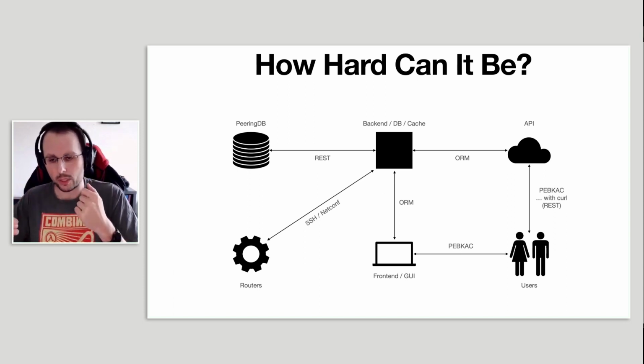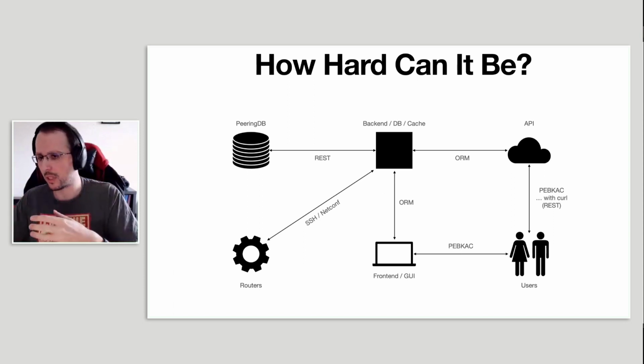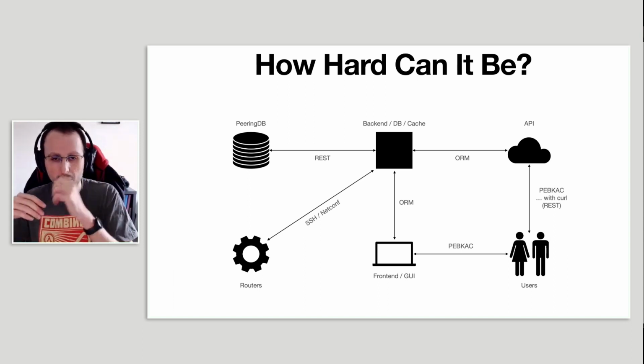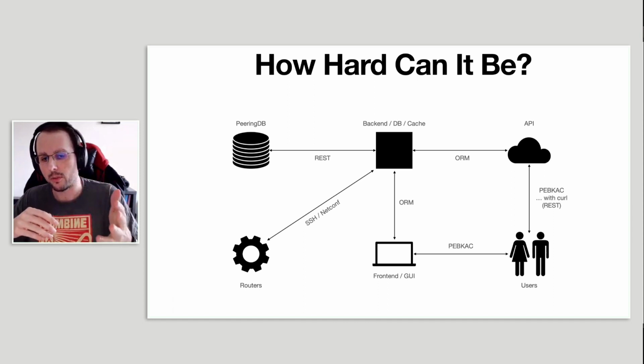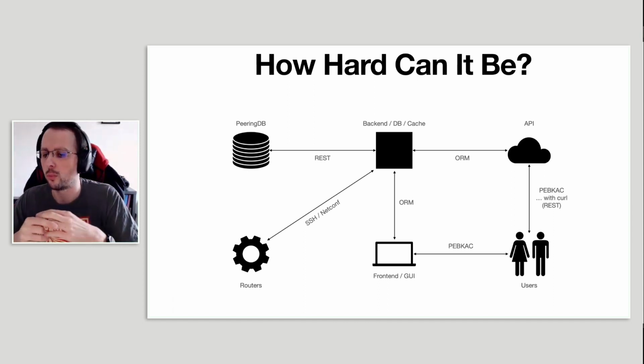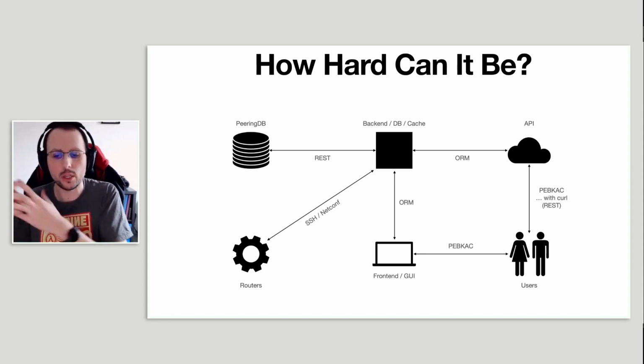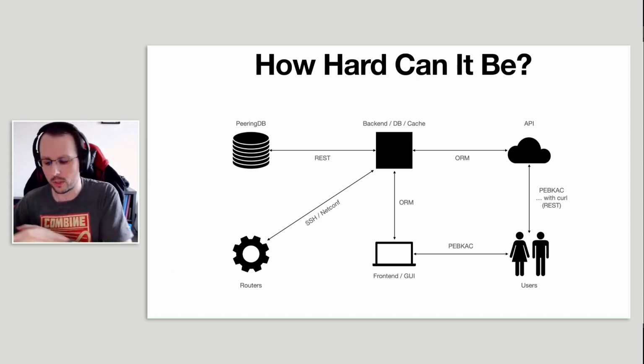The API is basically another front end, but designed for other tools to integrate with Peering Manager. And Peering Manager can talk to PeeringDB and to your router: PeeringDB via the REST API, and the router via SSH or NETCONF mostly. And the user will interact either via the API or the UI.